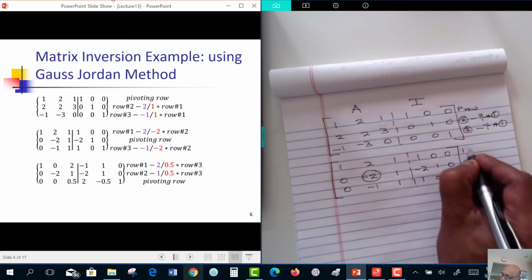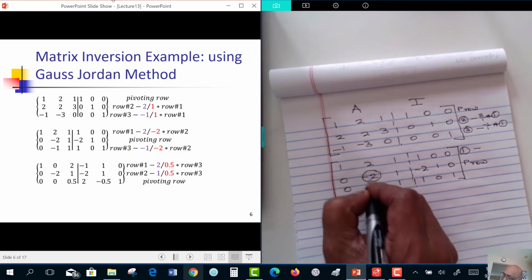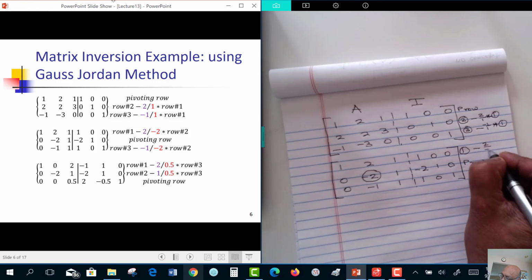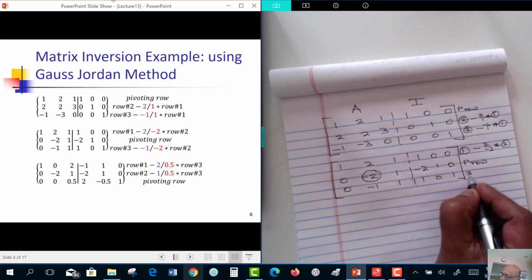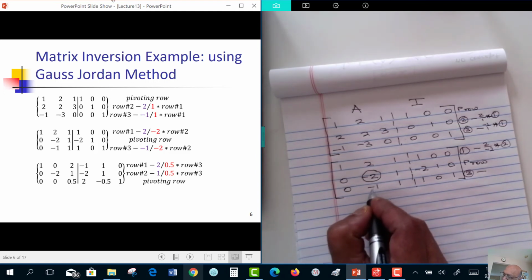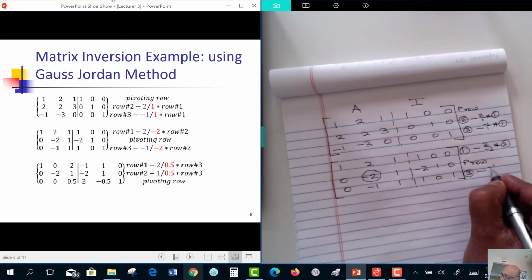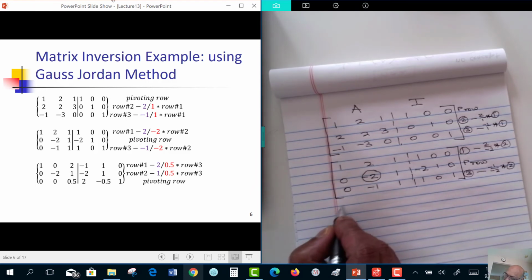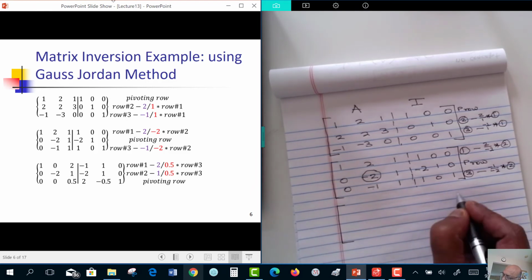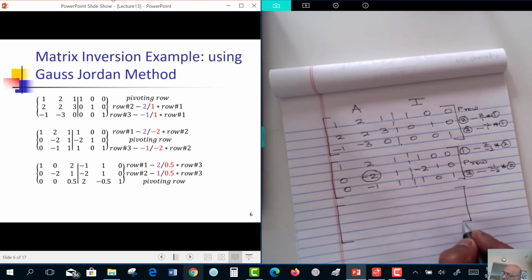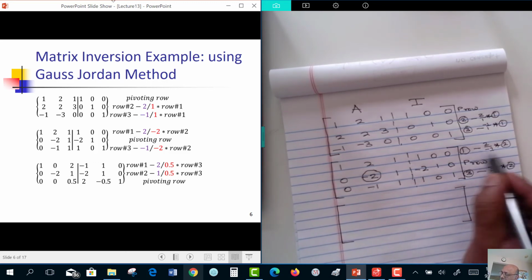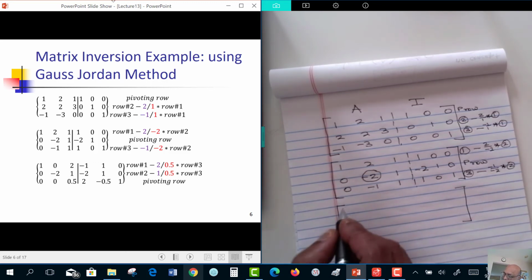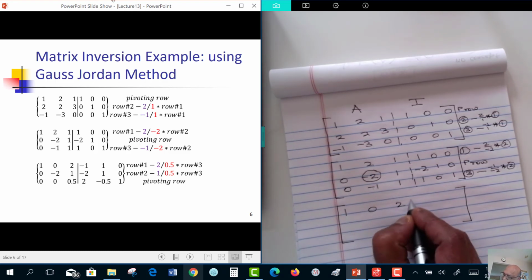So we'll take first row, subtract from it 2 over -2 times second row. From third row, -1 over -2 times second row. So basically we are adding first and second row.